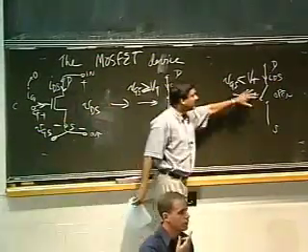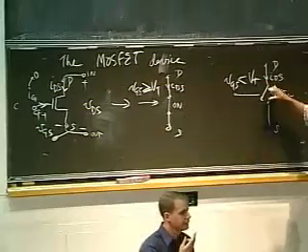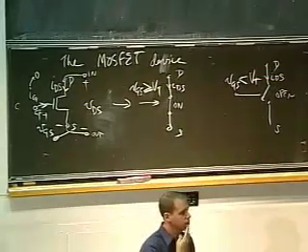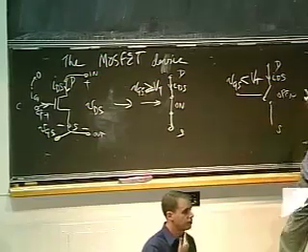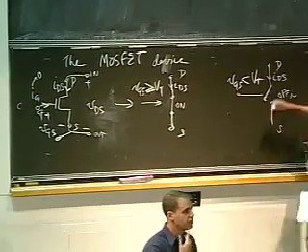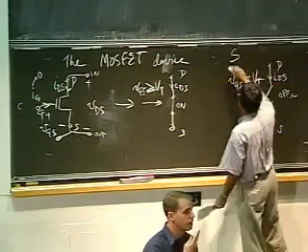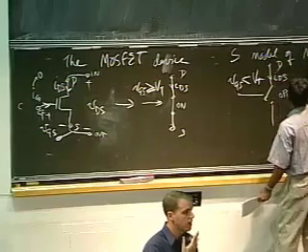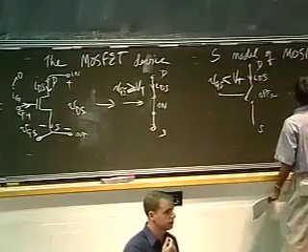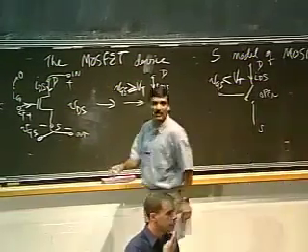And when I have an open circuit between D and S, then the current IDS is going to be 0. So this is the idealized model. And this idealized model is called the switch model of the MOSFET, or the S model of the MOSFET.